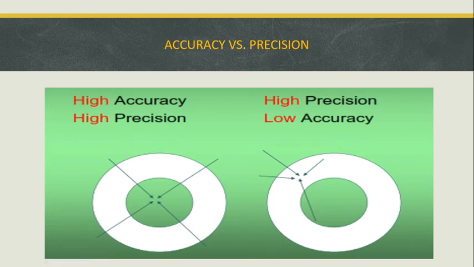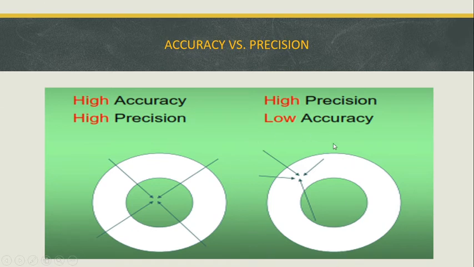We call it a highly accurate value because the four arrows achieve the target. At the same time, we call it a highly precise value also, because the four arrows are next to one another, closer to one another.